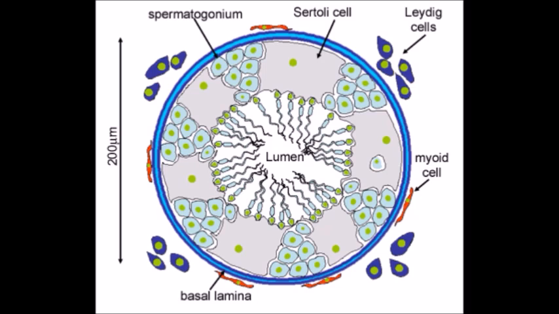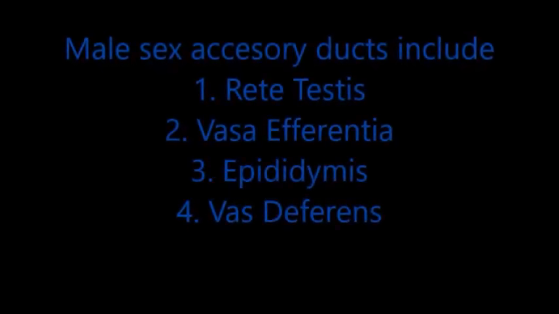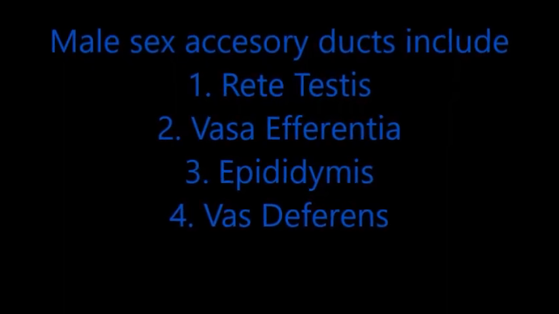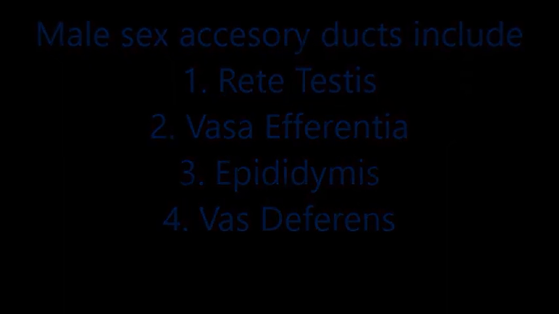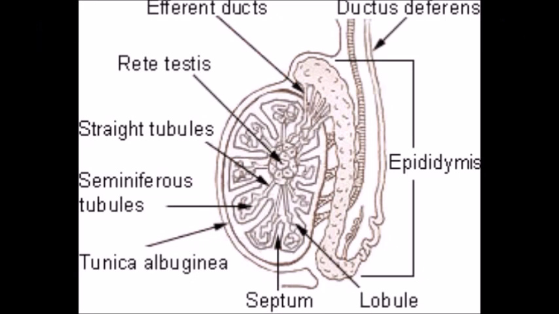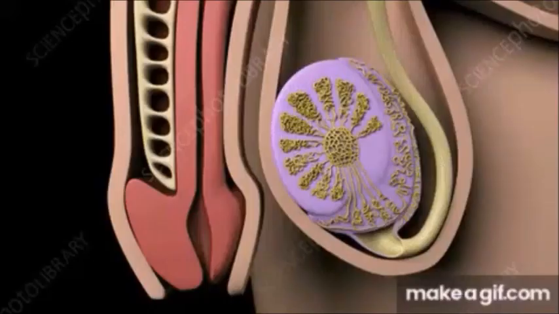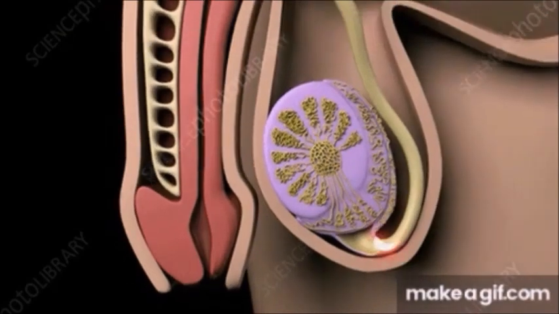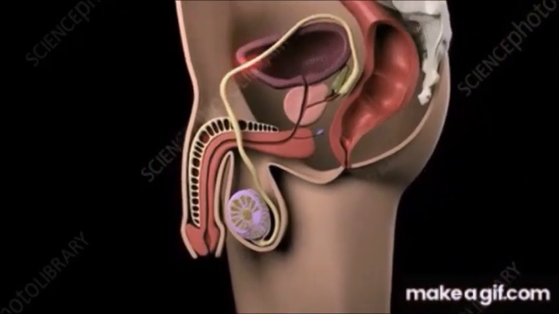The male sex accessory ducts include rete testis, vasa efferentia, epididymis, and vas deferens. The seminiferous tubules of the testis open into the vasa efferentia through rete testis. The vasa efferentia leave the testis and open into epididymis located along the posterior surface of each testis.